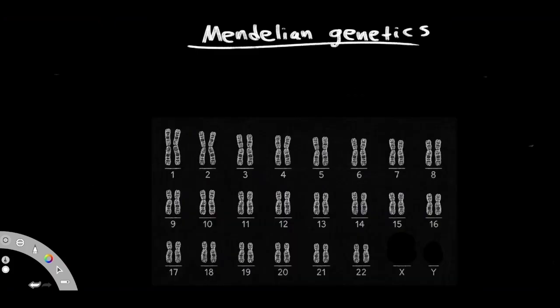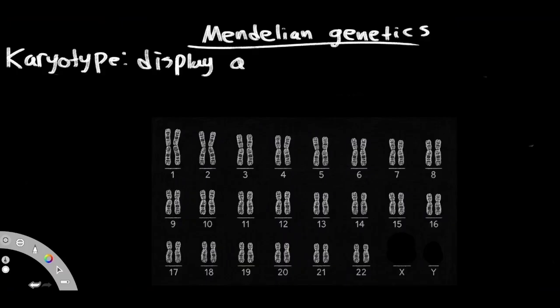Now let's bring those concepts that we just quickly reviewed from mitosis and meiosis to this karyotype, all right? So what you see here is a karyotype, and it's a snapshot during a stage in the cell cycle, and it's able to display all the chromosomes in a cell.